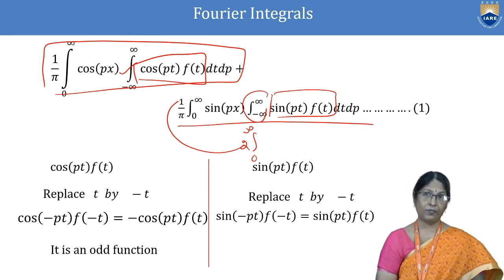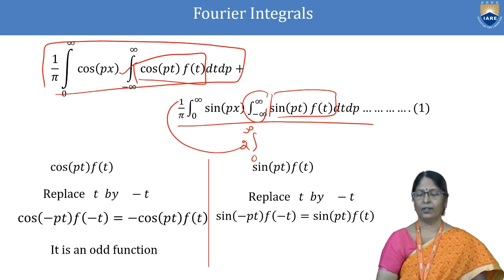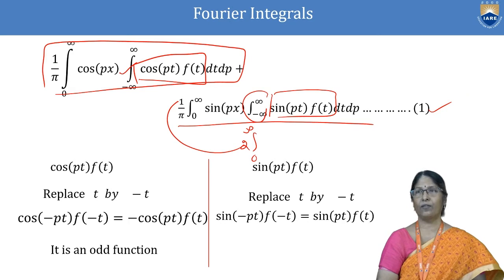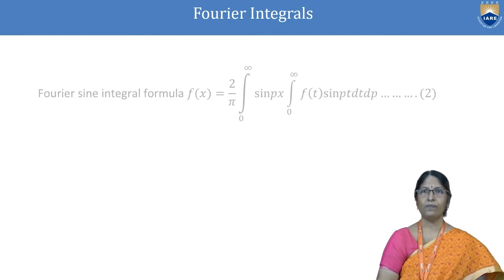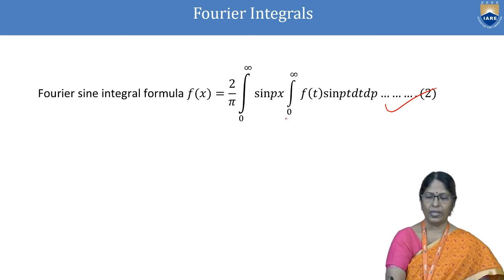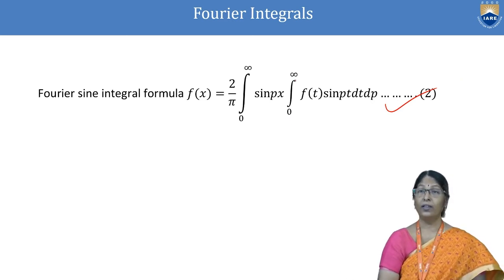So we derived from equation 1, that is the Fourier integral formula, the Fourier sine integral formula. This is the formula. Here the limit minus infinity to infinity was there in the Fourier integral.